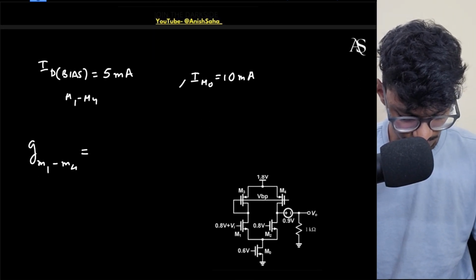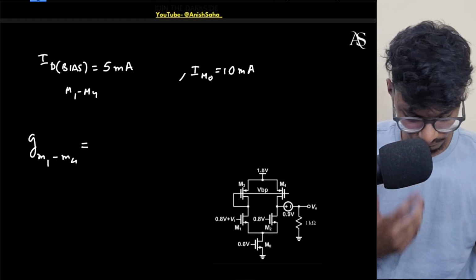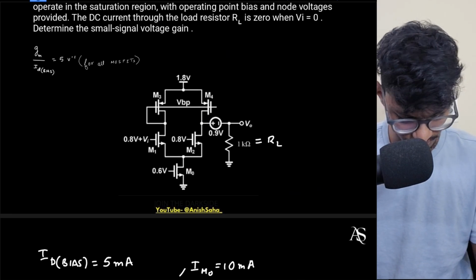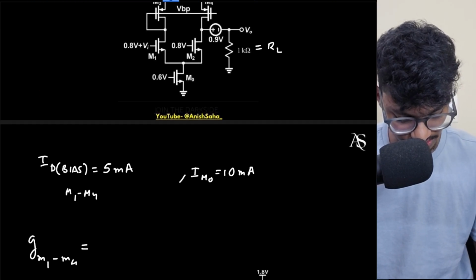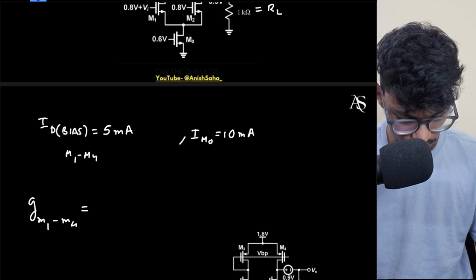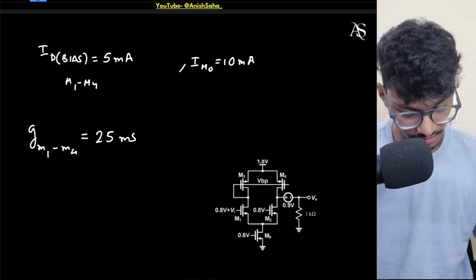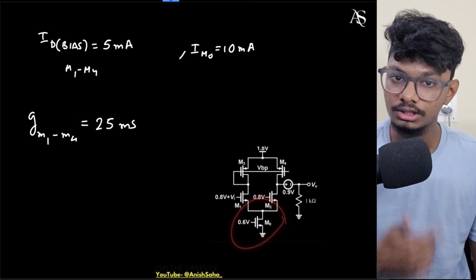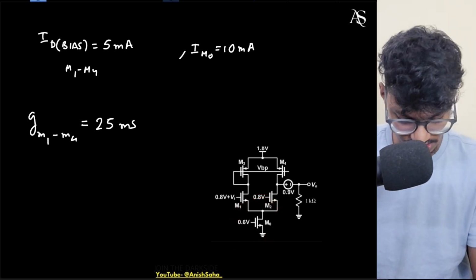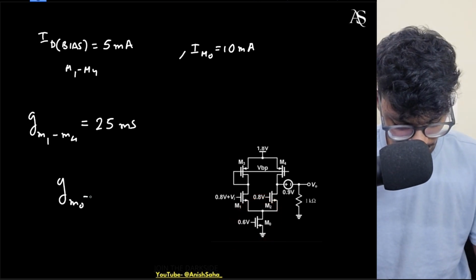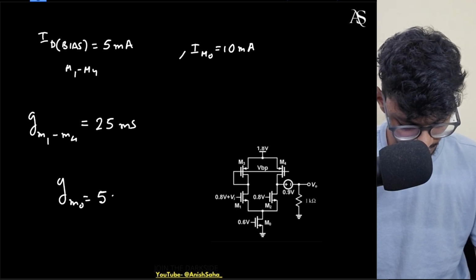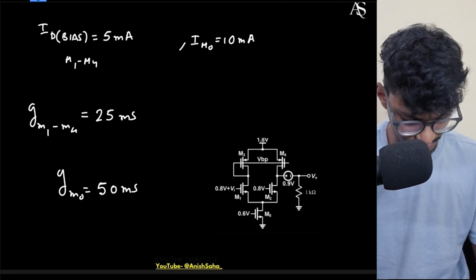This is always 5, so I simply multiply by the ID bias, 5 milliampere. So this will be 25 millisiemens. Don't mess up with the units. And what about this MOSFET? Its ID bias has been doubled, so gm0 will be 50 millisiemens.